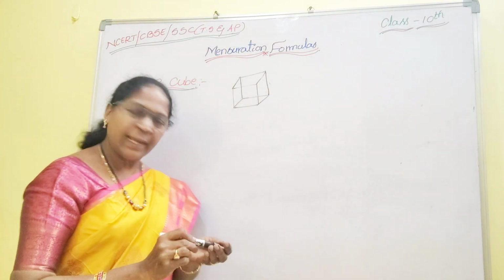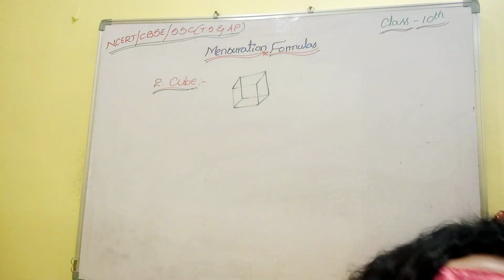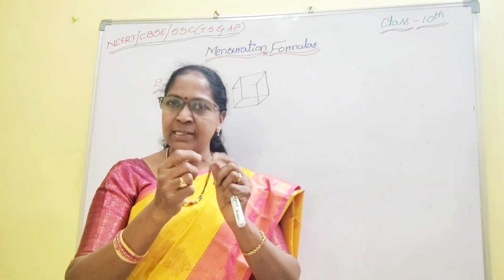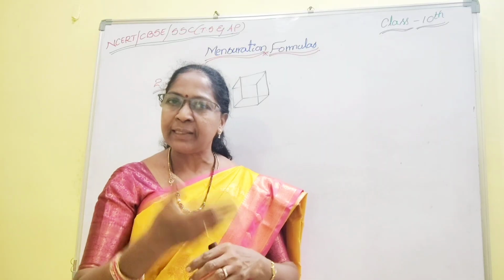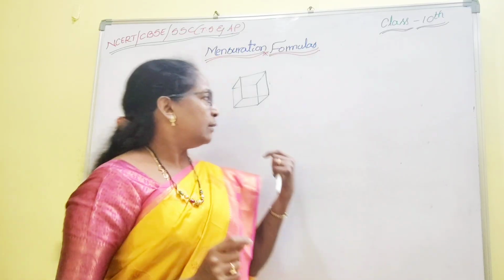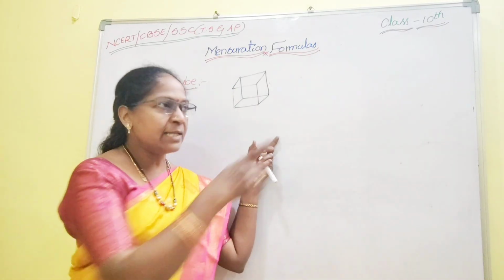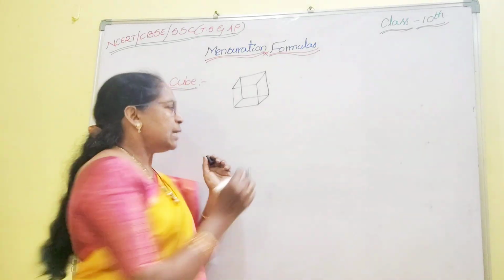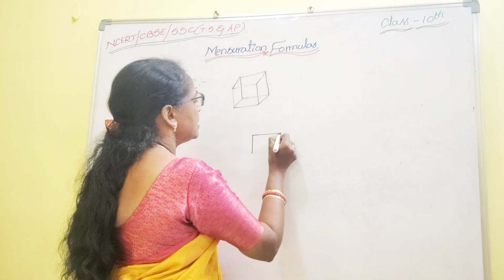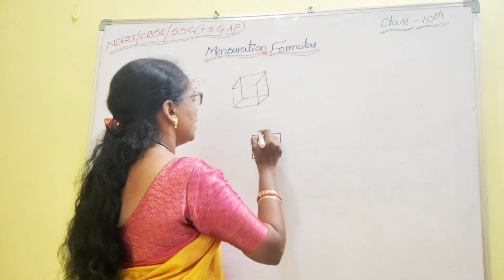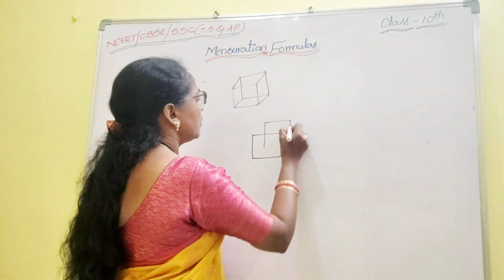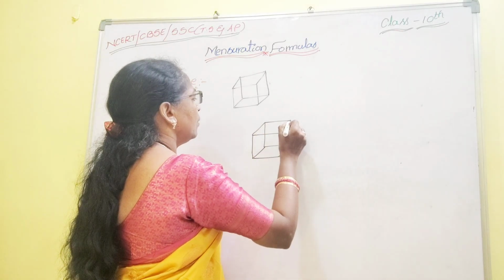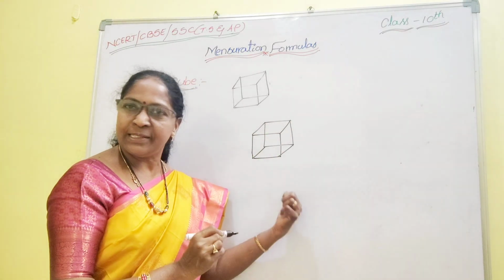The best examples of cube: children play with colored cubes, arranging 2 by 2, 3 by 3, 4 by 4 cubes. Or an ice cube is also a cube. Cube means on a square you can construct; this is the square, and one more square you can draw like this and join all the corners. Is it easy to draw?